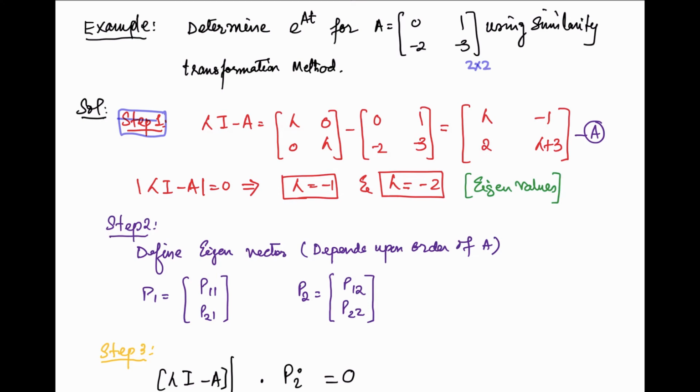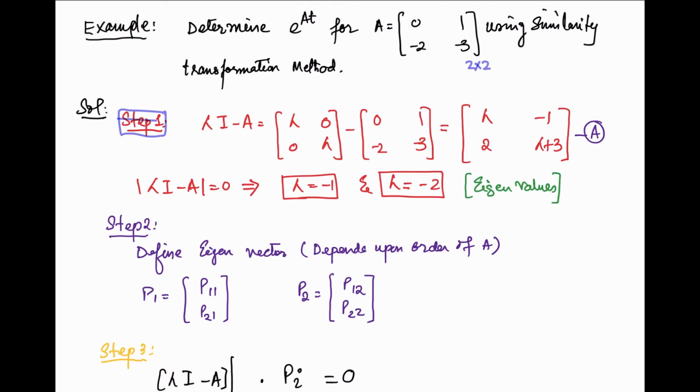If you have a 3 cross 3, then p11, p21 and p31 will be there, p12, p22 and p32 will be there, and then there will be the third eigenvector as well. But over here we have the 2 cross 2 system, so two eigenvectors will be defined.